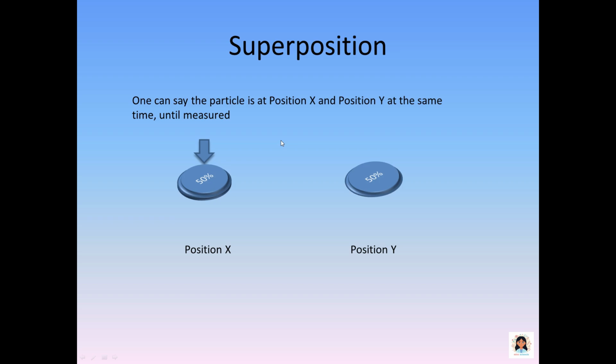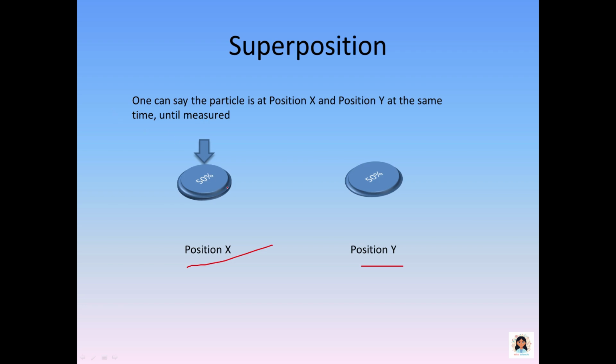Superposition is one of quantum mechanics' most well known ideas. Superposition is the idea that a body can exist in two places at once until measured. Now you're saying that's not possible. Well, there's just a small probability that it's either at, let's say, position X or position Y. But for the sake of scientists, this doesn't matter anymore.